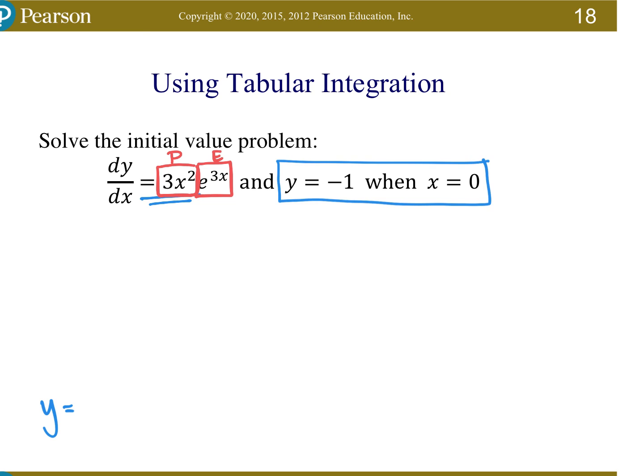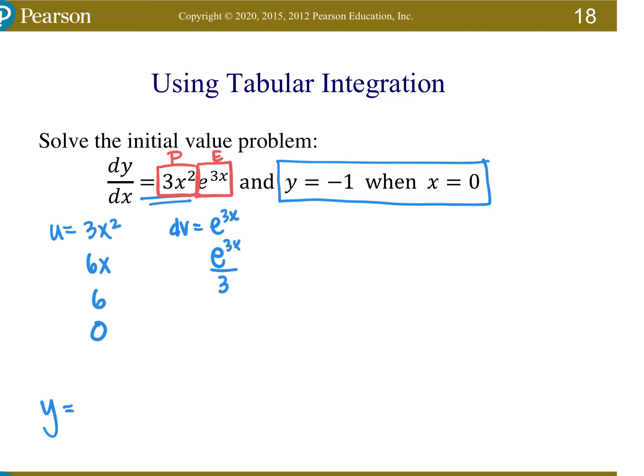So my polynomial is chosen to be 3x squared. Derivative on that would be 6x. Derivative on that would be 6. Derivative on that would be 0. And then e to the 3x, and we'll work on finding the antiderivatives of that. So this will be e to the 3x divided by 3.